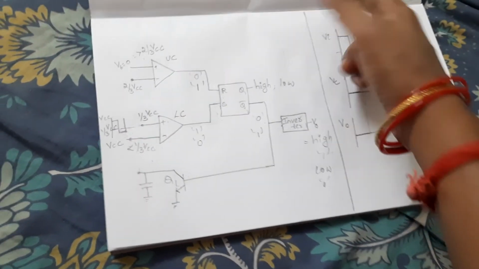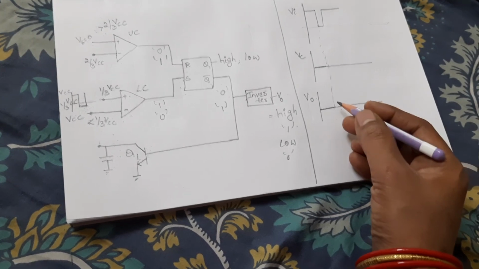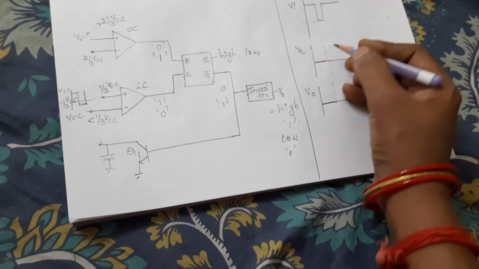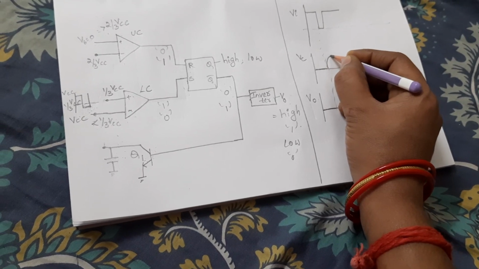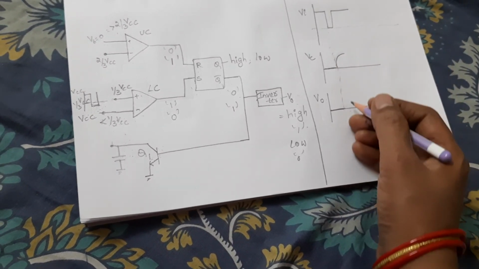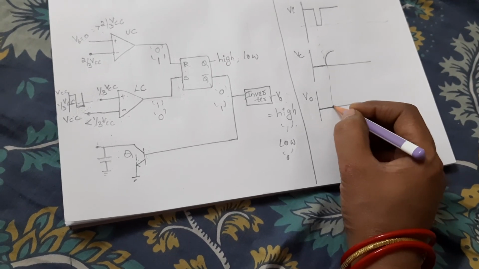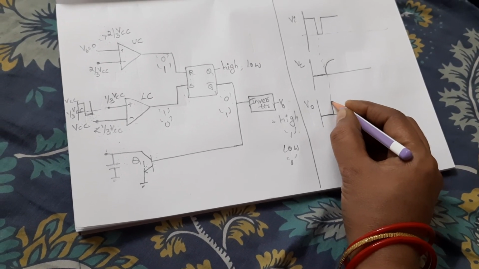The same I wrote here. Whenever it reaches 2/3 VCC, the capacitor starts charging, and whenever the capacitor starts charging, the output is high.